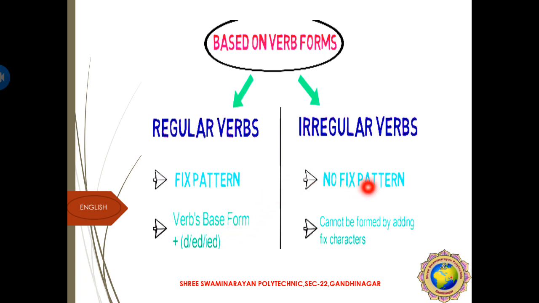And in an irregular verb there is no fixed pattern; it cannot be formed by adding any fixed characters. Okay, let's see the regular verb and irregular verb. First we start with the base form of the verb adding d, then ed and ied, with examples.